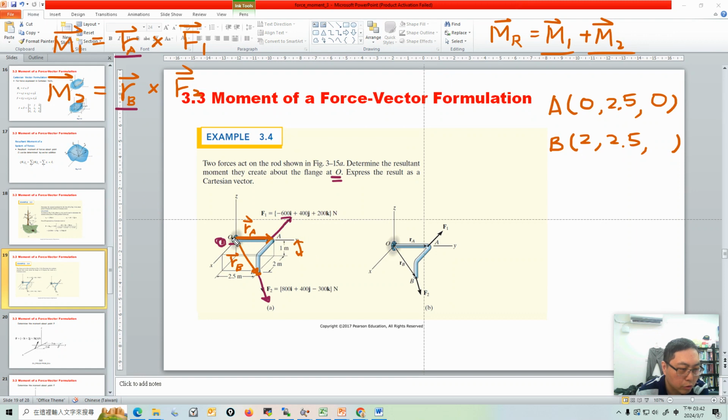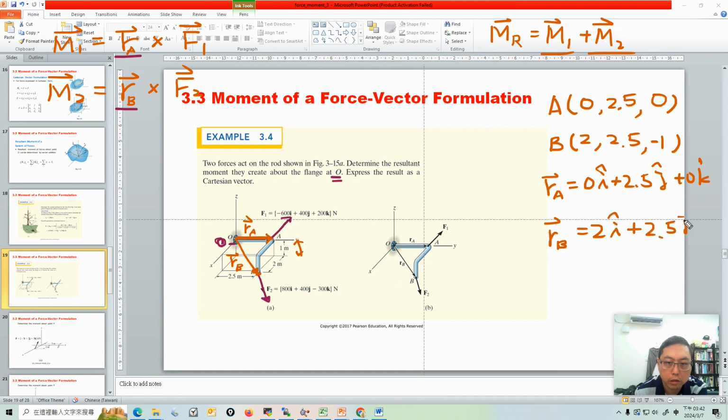Zero of z is here, so it's below 0, so it's -1. It's all relative to the origin, so the position vector A is 0i plus 2.5j plus 0k, and the position vector B is 2i plus 2.5j minus 1k. So we found position vectors A and B.